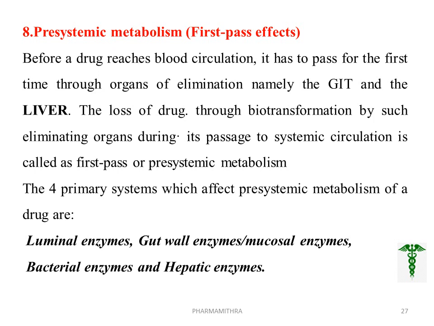Such loss, or that path, is known as the first pass pre-systemic metabolism. The primary systems which affect the pre-systemic metabolism are the luminal enzyme, gut wall or mucosal enzyme, and hepatic enzyme.